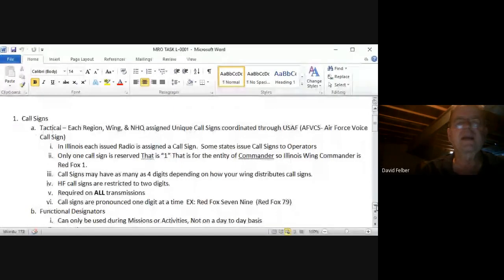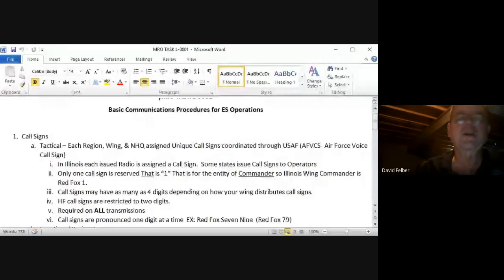Okay, our first task this evening we're going to talk about is L0001, basic communications procedures for ES. This is going to be a follow-on for what we covered last week, and again also on ICON. Our first subject is going to be call signs.